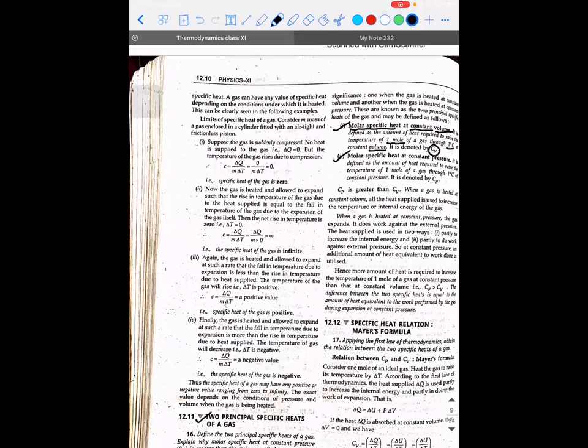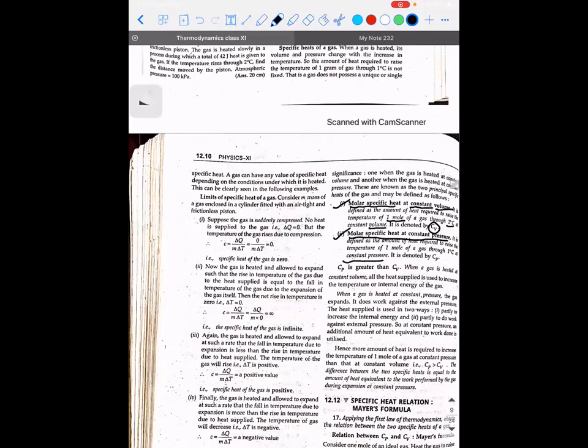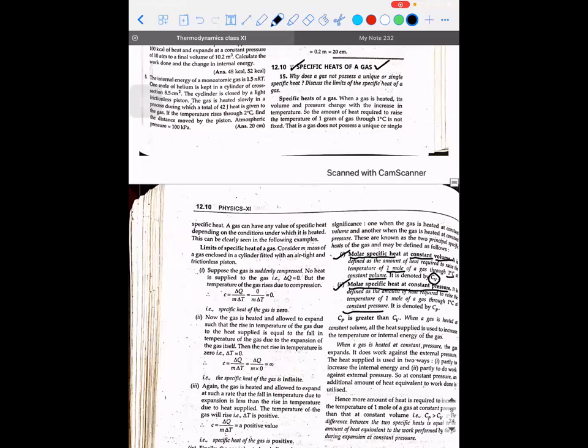If the same increase in temperature happens at constant pressure, then we call it molar specific heat at constant pressure. These are the two important terms we are going to see with respect to the specific heats of gas, and we will also concentrate on the relation between them in terms of number of moles and other parameters. What is CP? Make a note of it.